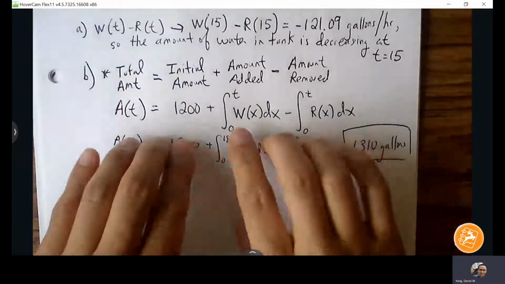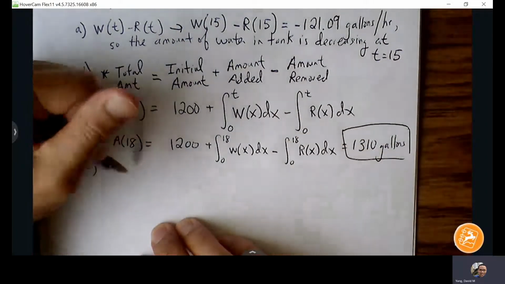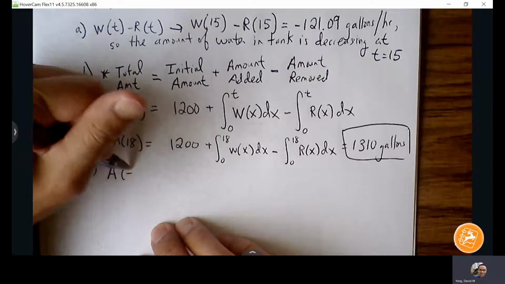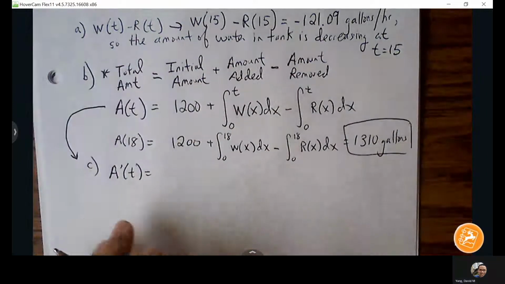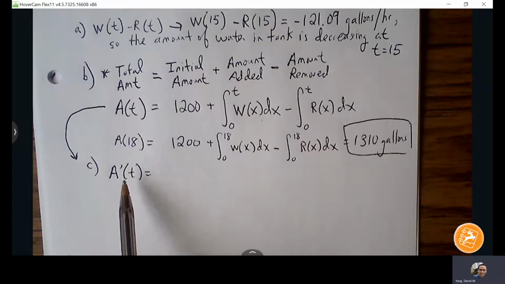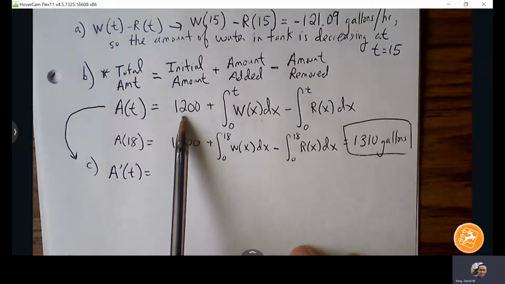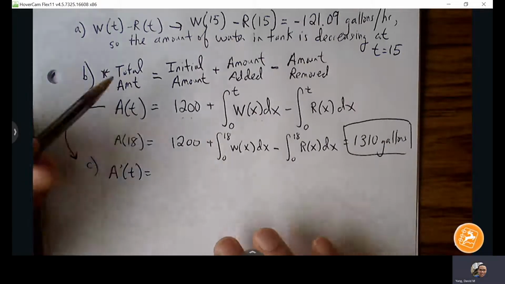We know the derivative is going to come from this A of t equation, so let's build the derivative first. A prime. Critical points come from A prime, where A prime is equal to 0. Let's look at every term here and find the derivative of each. 1200 becomes 0.